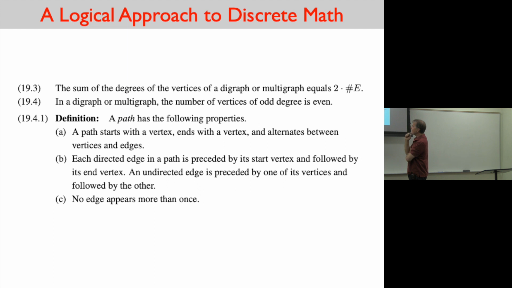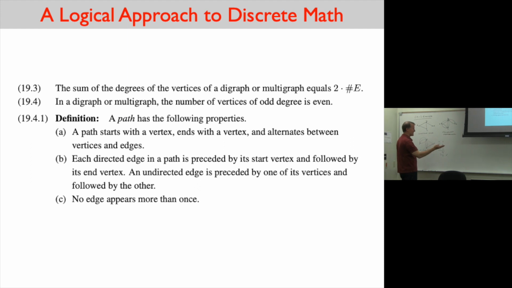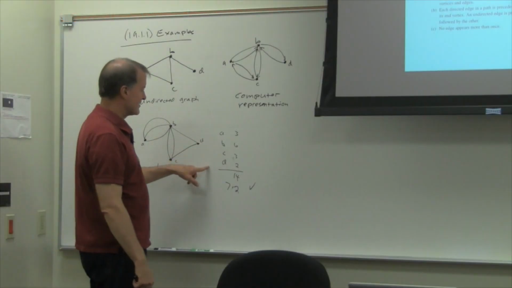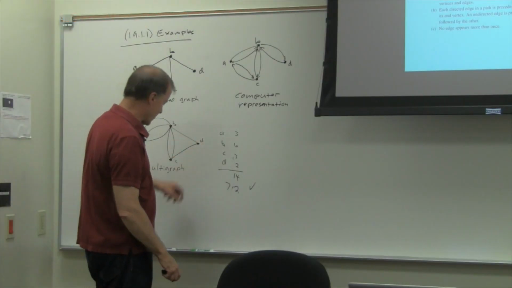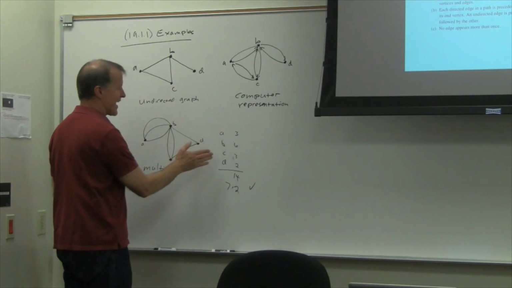Okay, so 19.4. In a digraph or multigraph, the number of vertices of odd degree is even. Okay, so here's a multigraph. Oh shoot, I erased my diagram. A has 3. So the question is, which one of these vertices has odd degree?